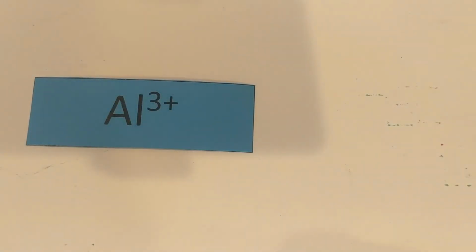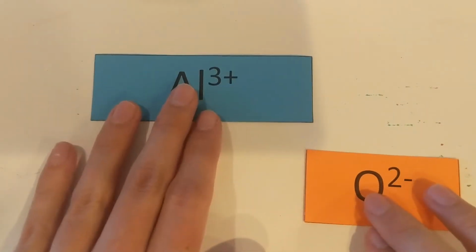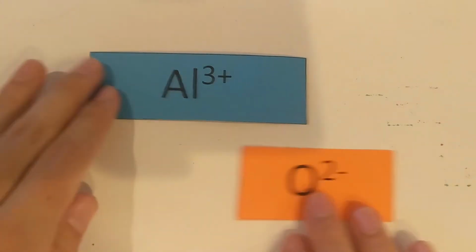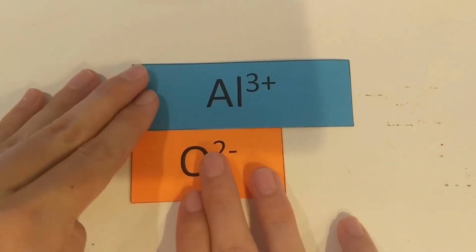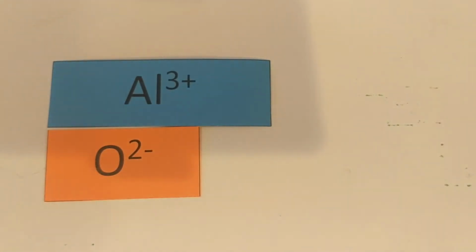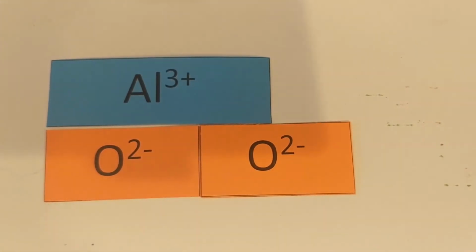We'll do one more example. Let's say I had aluminum, which is a +3 ion, and oxide, which is a -2. Right now I have too much positive. So in order to balance it out, I'll need to add more negative. But you can see if I add 2 oxide there, my charges don't balance out still. I have +3, and on the bottom I have -4.